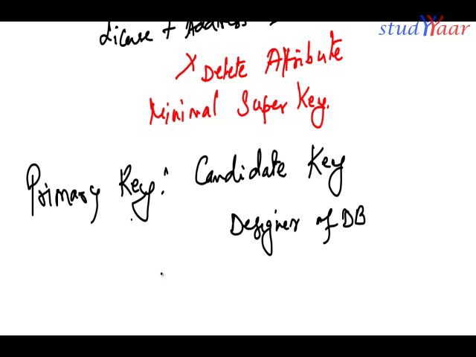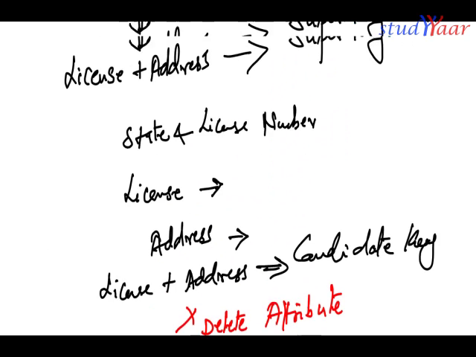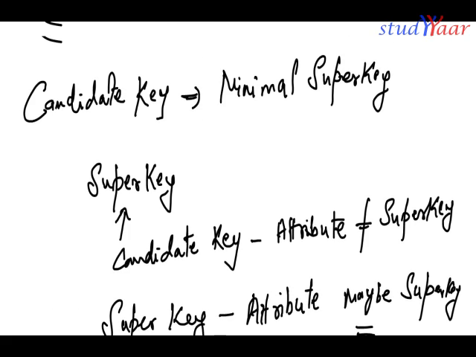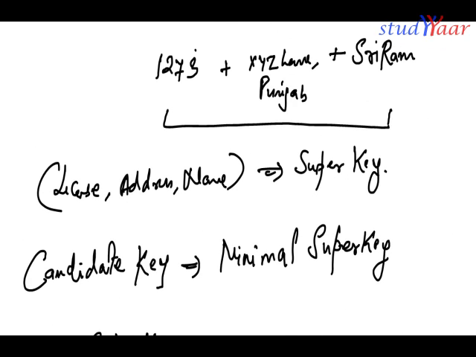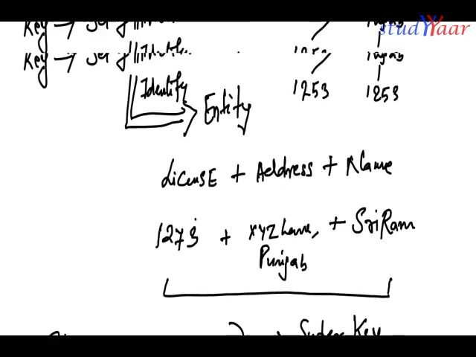We can have n number of candidate keys, but we only select one of them which serves as information regarding uniquely identifying a person or an entity.